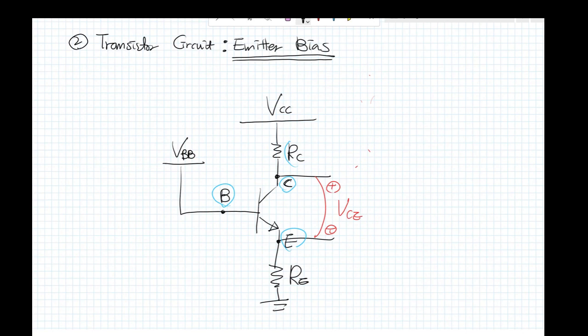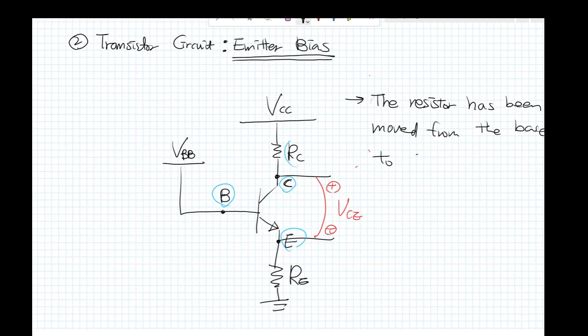Okay, so for this case, the resistor has been moved from the base circuit to the emitter circuit. Okay. All right. So step by step.